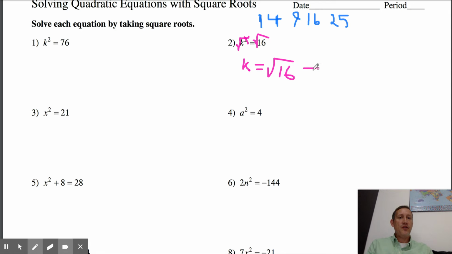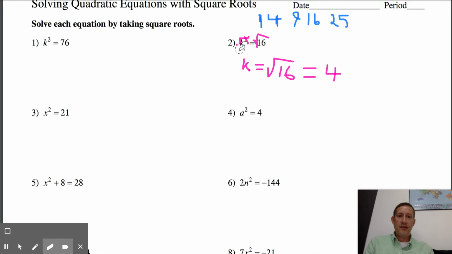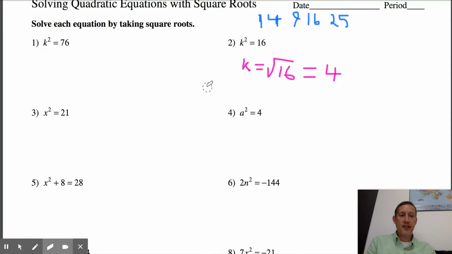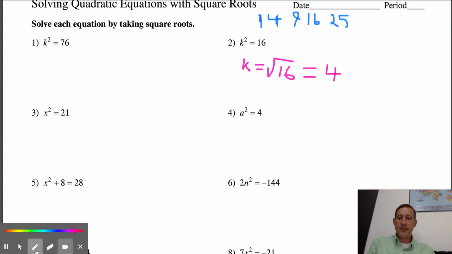But we just happen to know we can simplify the square root of 16 in our heads. It is 4. So that's the answer. Guys, hang on till the end of the video, because this is not the only answer. And we're going to talk about that at the end of the video. Okay? So there are 2 answers to something that is squared. That power of 2 gives you an idea of how many solutions there's going to be.